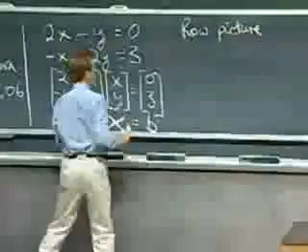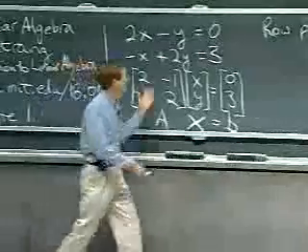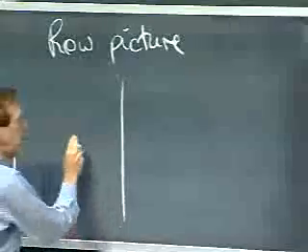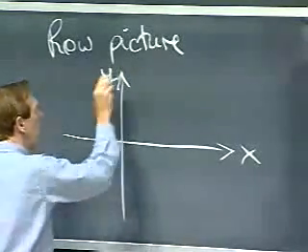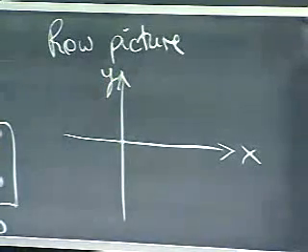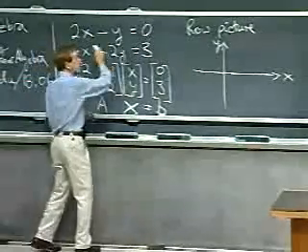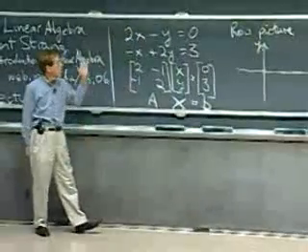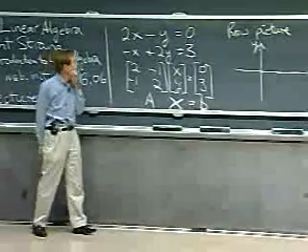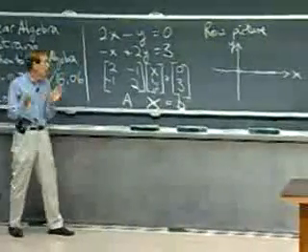So that means I take 1 row at a time, and I'm drawing here the xy plane, and I'm going to plot all the points that satisfy that first equation. So I'm looking at all the points that satisfy 2x minus y equals 0.